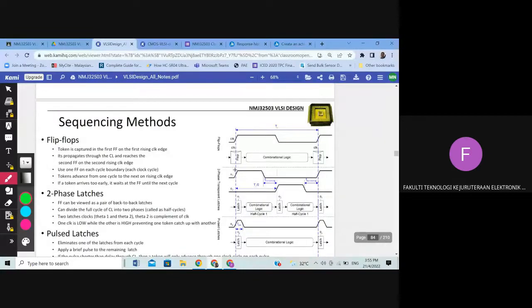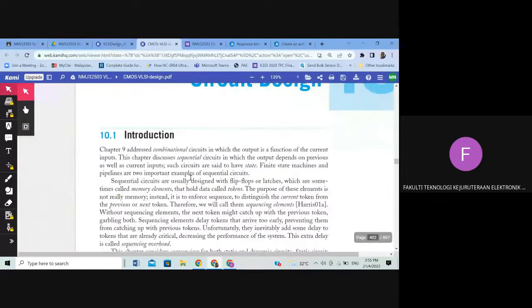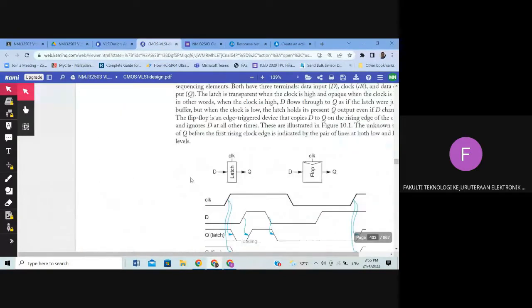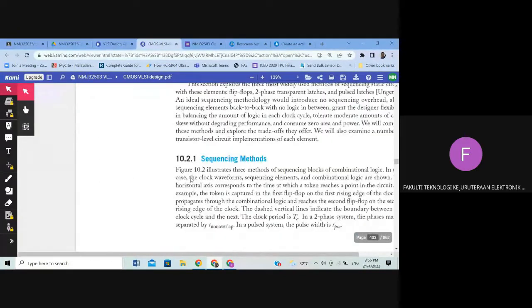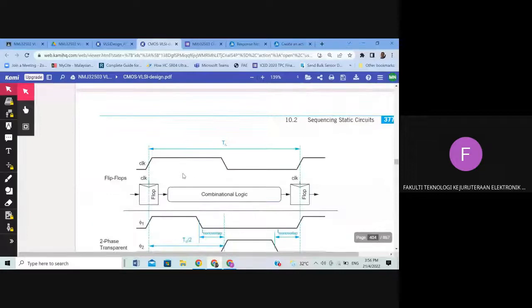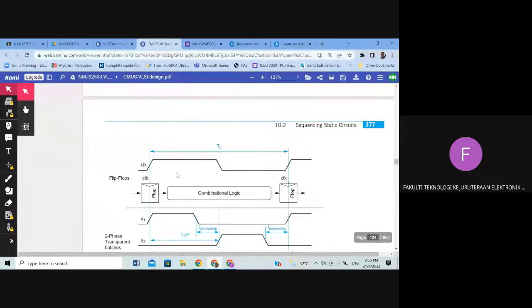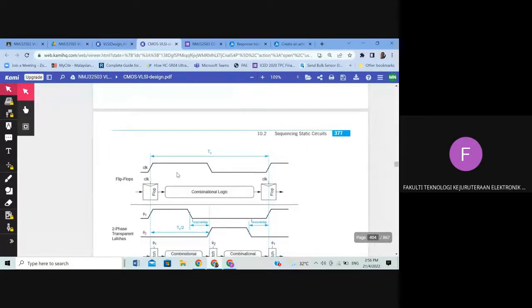This is a very important topic, sequencing methods. Before we go to this, I would like you all to read the textbook on page 404. That diagram is taken from this textbook.